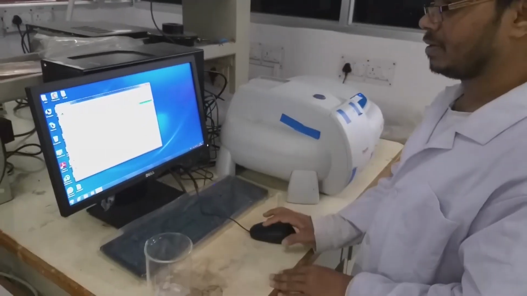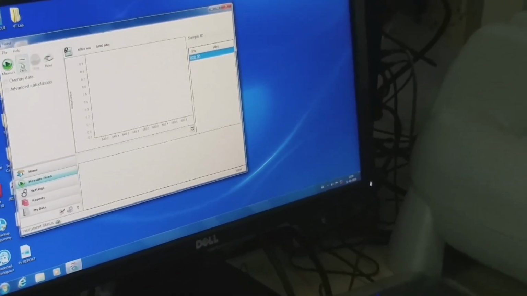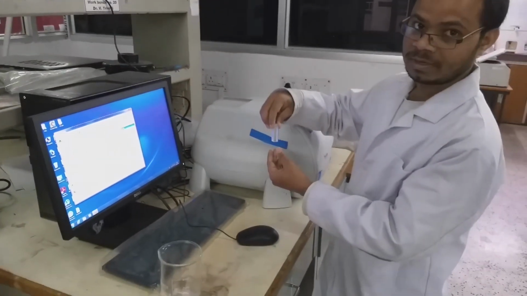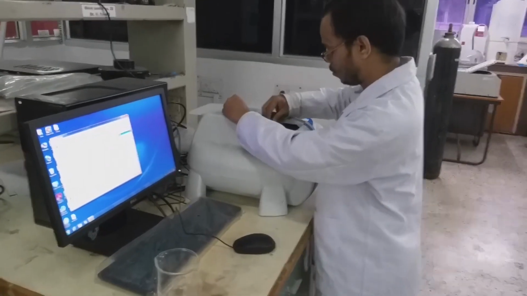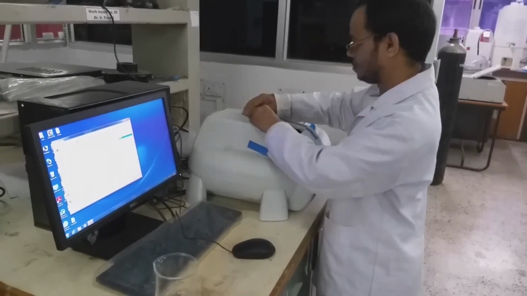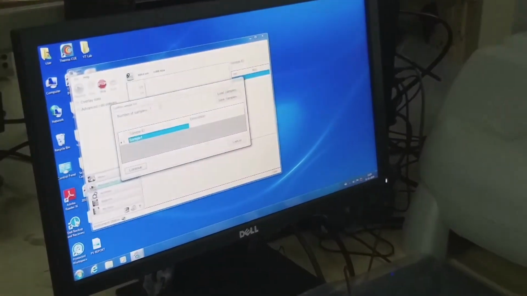I am going to keep it and say measure 0. Now it is 0. So this is our inoculated culture. I am going to put this sample in, then ask it for measure.